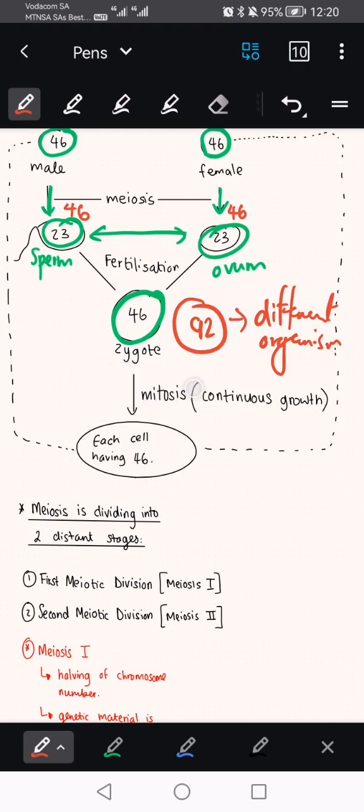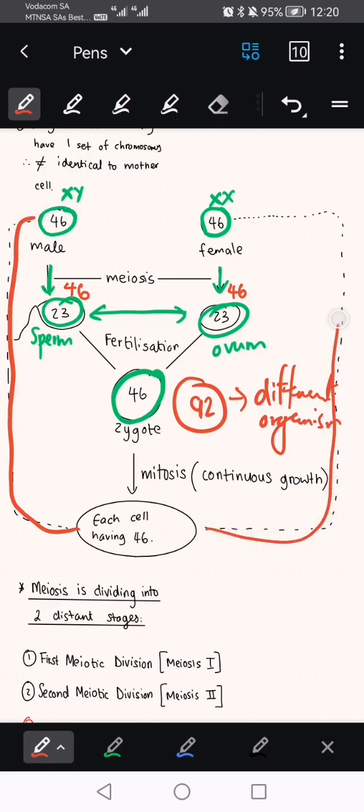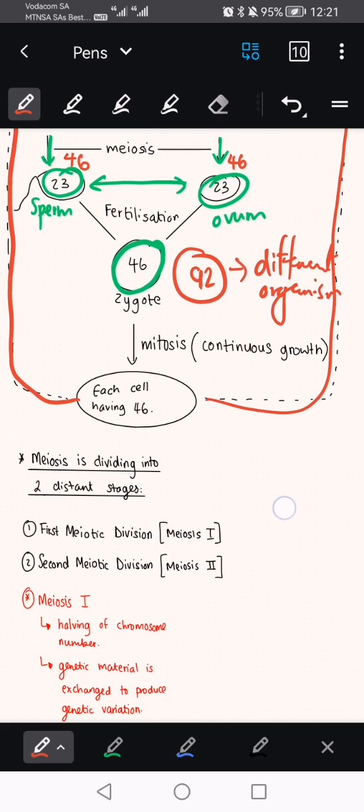Then mitosis will take place on the zygote, and you will eventually start growing, and each cell will have 46. Then whether the zygote is male or female, when that human goes to sexually reproduce, the same thing is going to happen. This is the continuous cycle, the Lion King circle of life, if you think of it that way. It's a continuous cycle that is consistently taking place.